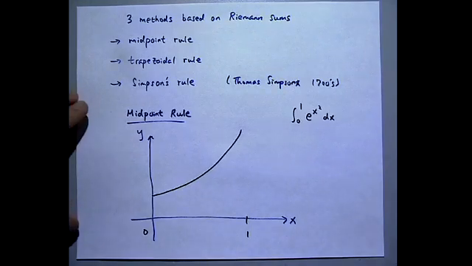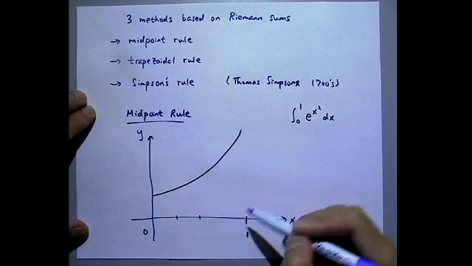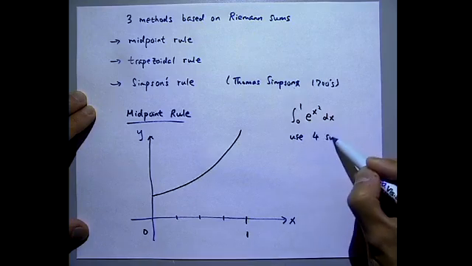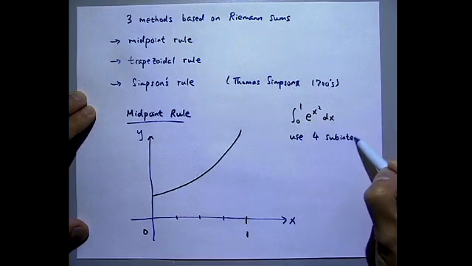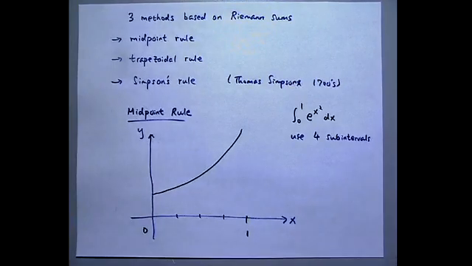And as an example, let's say we use 4 sub-intervals to approximate. Just like in using Riemann sums, you have to decide how many rectangles you want to use. So you divide this interval into n sub-intervals. We're going to use 4 here as an example.